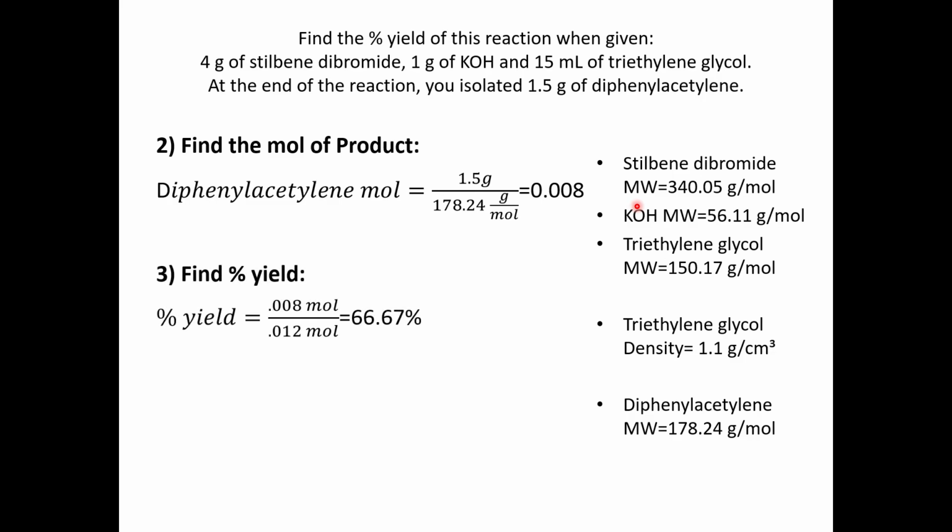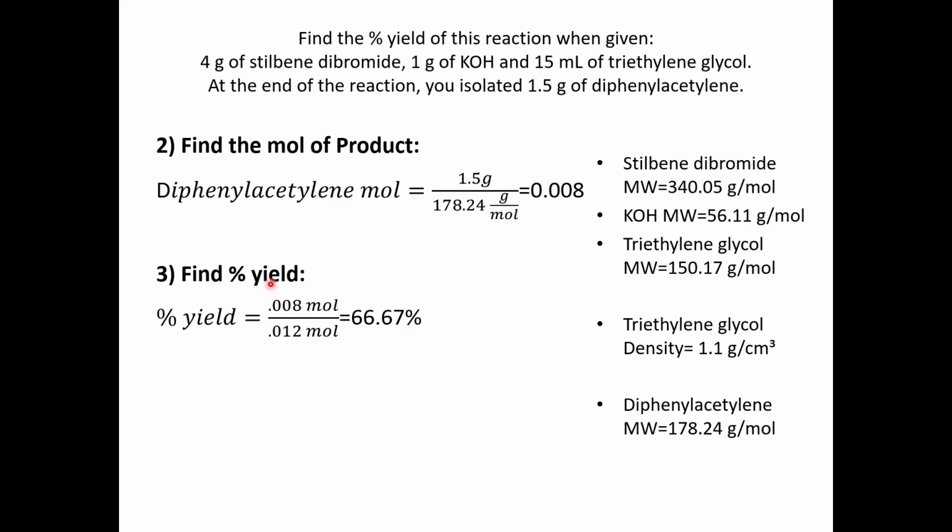So now that we know the moles of our final product and the moles of our limiting reagent, all we have to do is divide the moles of what we received by what the total amount of moles should have been. So we should have gotten 0.012 moles for 100%.